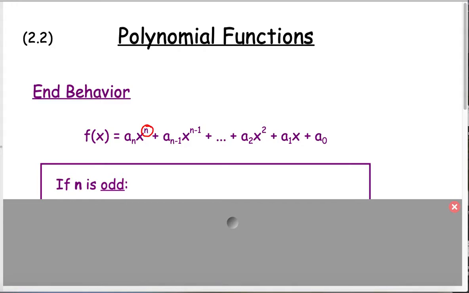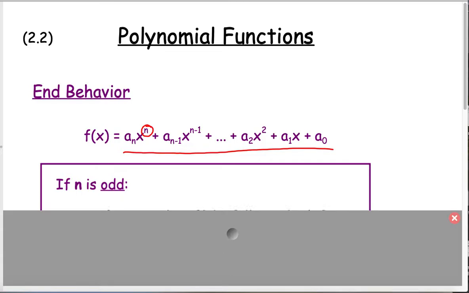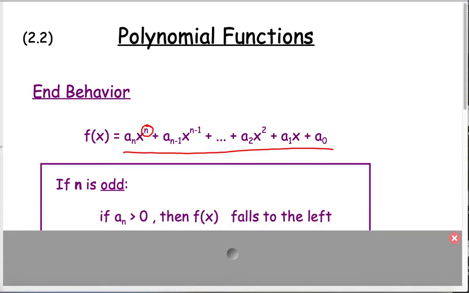If it's not in descending order, then rearrange it, or at least pick out the term that has the highest degree power. Now, if that highest degree power is odd, like x to the third, or x to the fifth, or x to the ninth, or x to the first, I guess, then we have two possibilities. And what we need to look at is the coefficient in front of that x to the nth power.